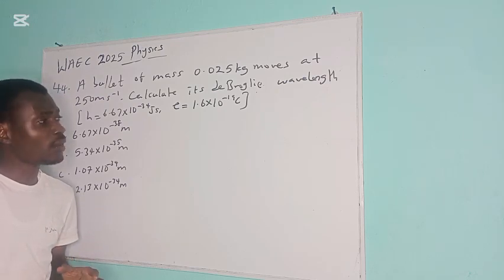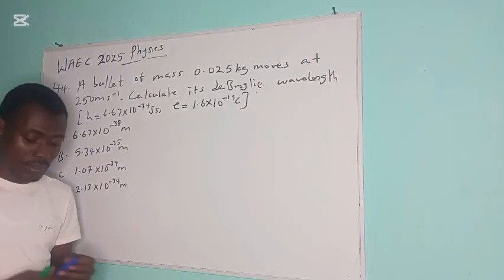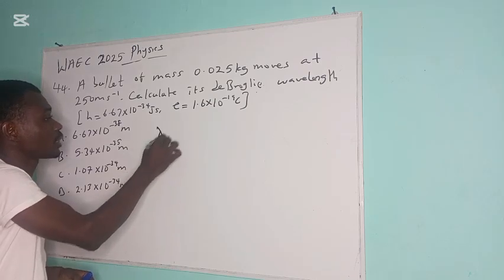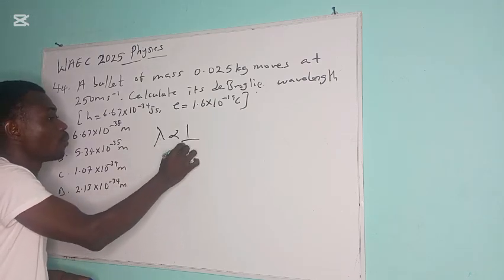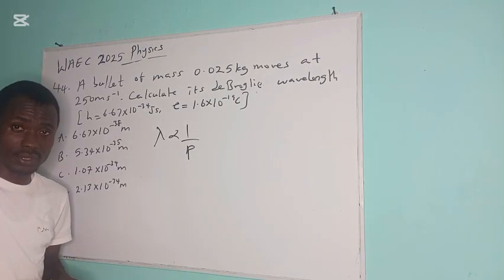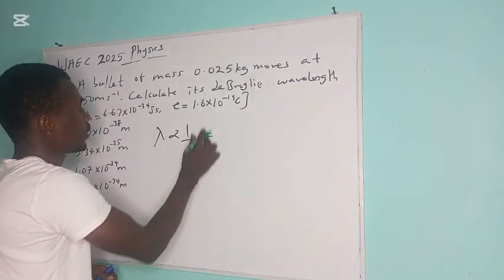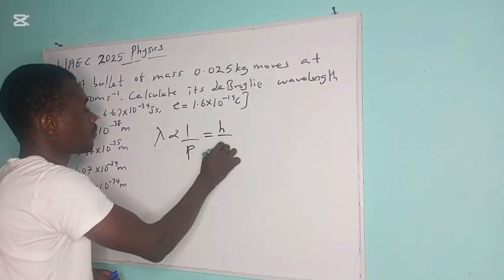Okay, so now, the de Broglie wavelength is inversely proportional to the momentum of the particle, which can be further written as h over mv.